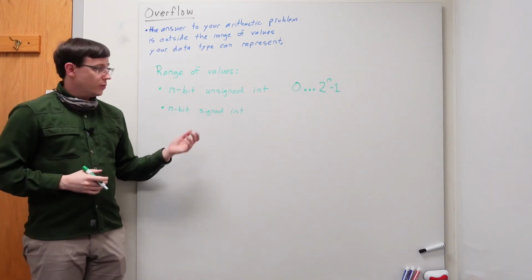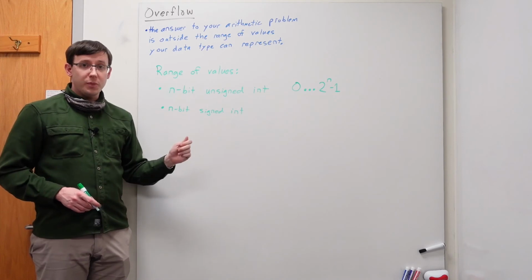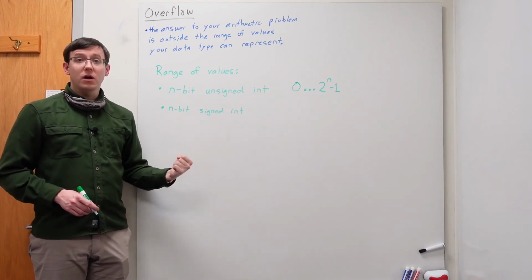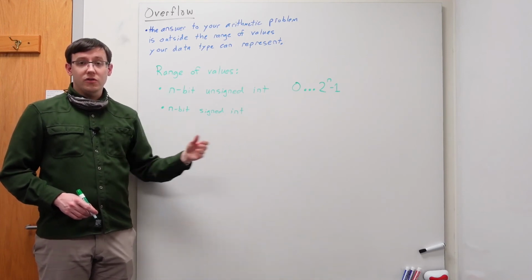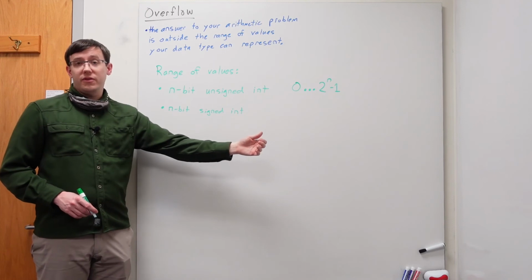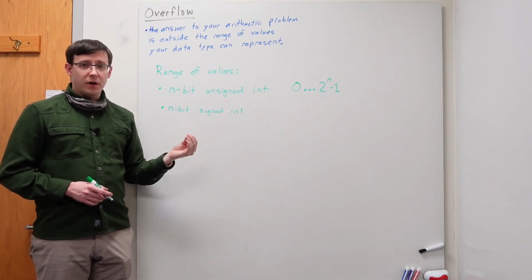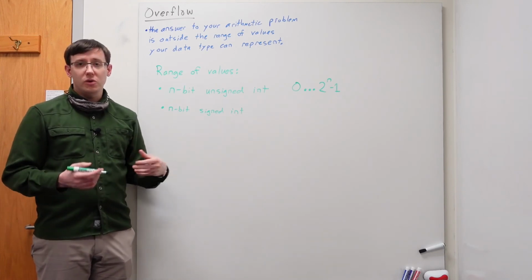The smallest number we can represent in a signed data type comes from setting the first bit to 1, that is, the negative 2 to a large power will be present, and all of the other bits to 0. That is, we're not adding any positive values back. And so that value of a 1 followed by n minus 1 zeros is equal to negative 2 to the n minus 1.